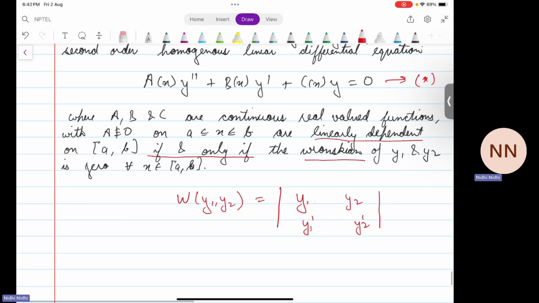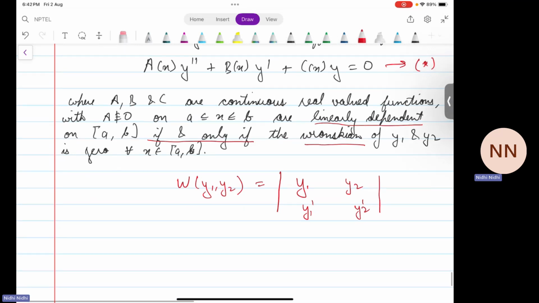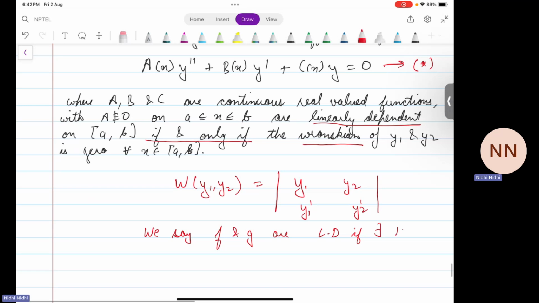Next, what do we mean by linearly dependent? We say that f and g are linearly dependent if there exists some constant k such that f is equal to k times g, or f(x) is equal to k times g(x) for every x.